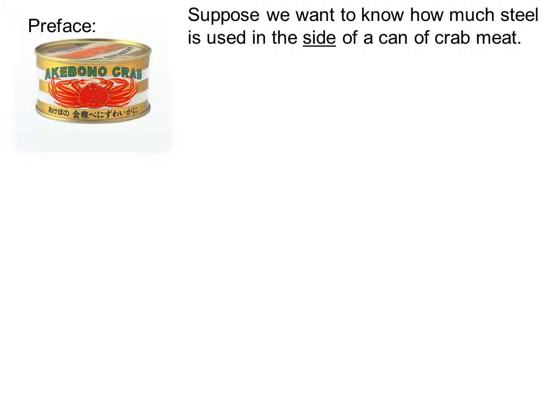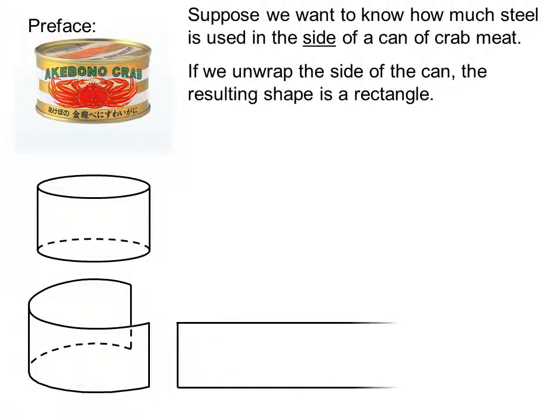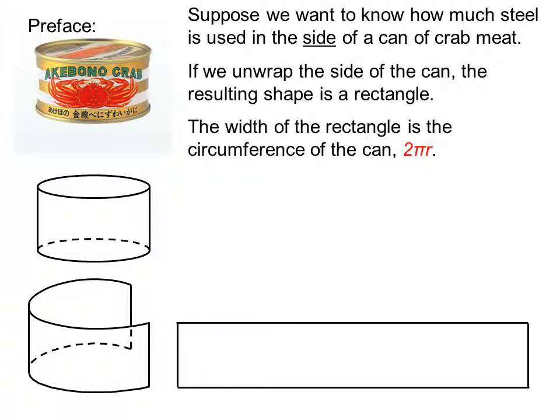Preface. Suppose we want to know how much steel is used in the side of a can of crab meat. If we unwrap the side of the can, the resulting shape is a rectangle. The width of the rectangle is the circumference of the can, 2 pi r.